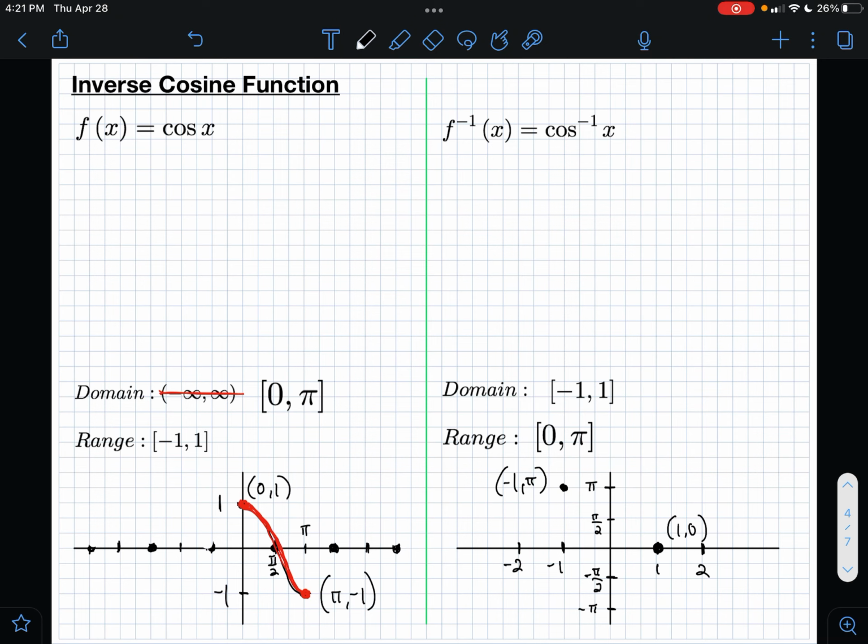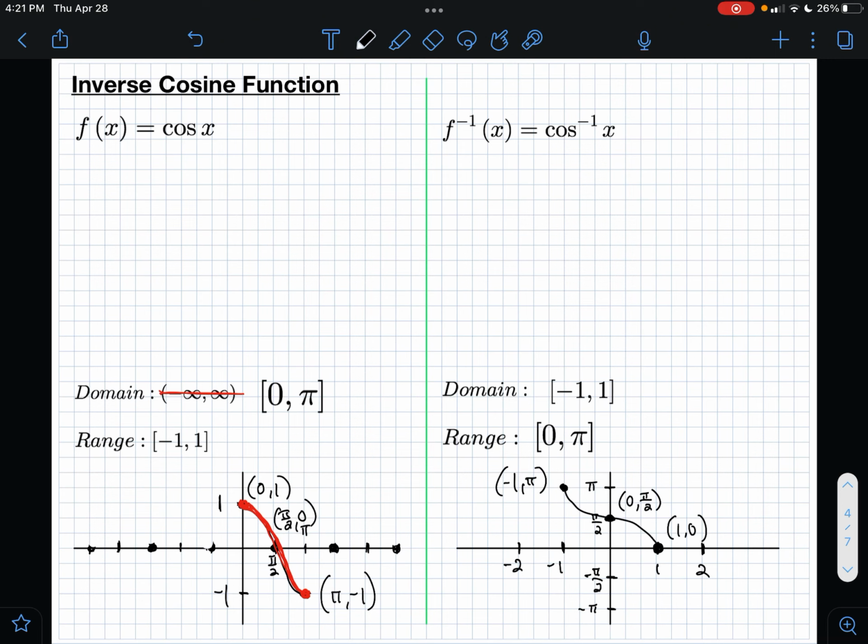And in between, we have pi over 2, 0, which is going to become 0, pi over 2. In between, then, our function's going to curve like this.